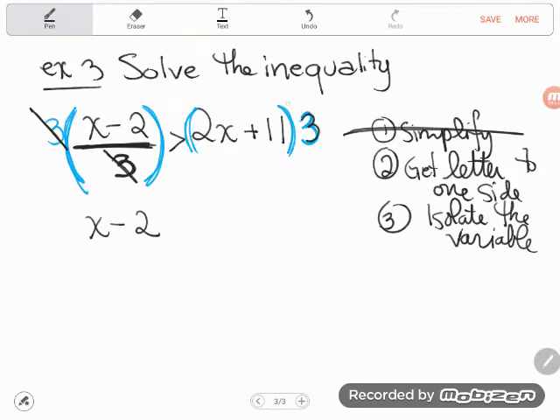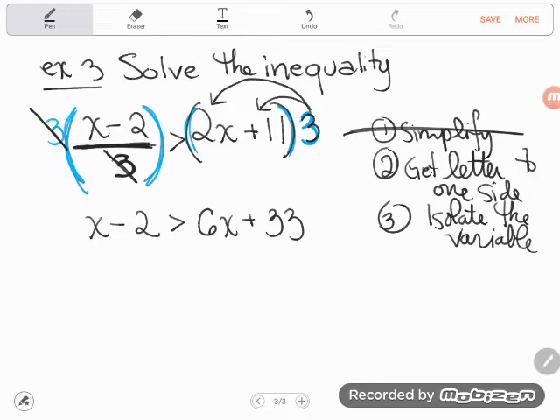I got this 3 that I need to pass out to everything on the right-hand side. I'm going to multiply everything there by 3. Again, that's that wonderful distributive property that says multiplication passes out to every term. So 3 times 2x would be 6x, and 3 times positive 11 would be positive 33, or plus 33.